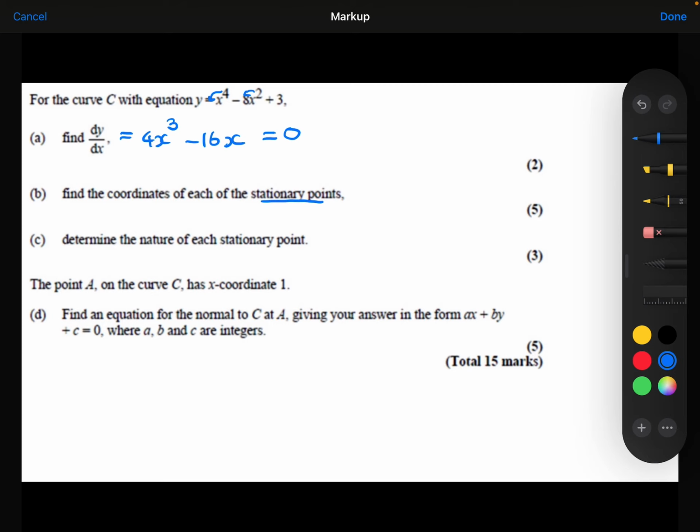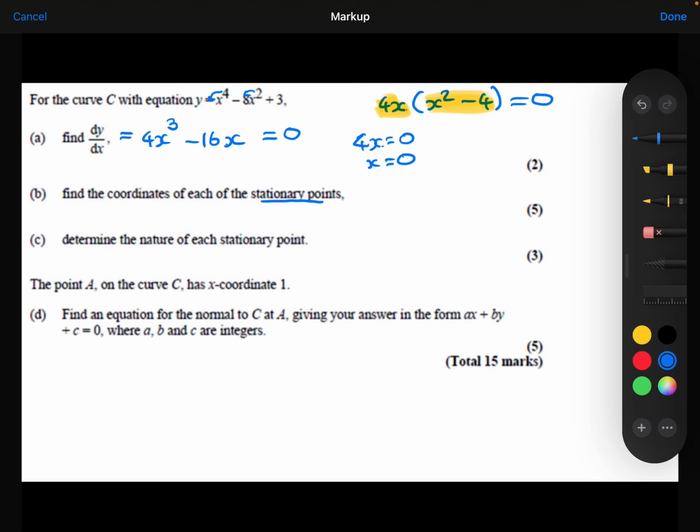To solve this, I can factorise 4x outside. And that will leave me with an x squared minus 4 on the inside. So now I can see that either the 4x is going to equal 0, or the x squared minus 4 equals 0.